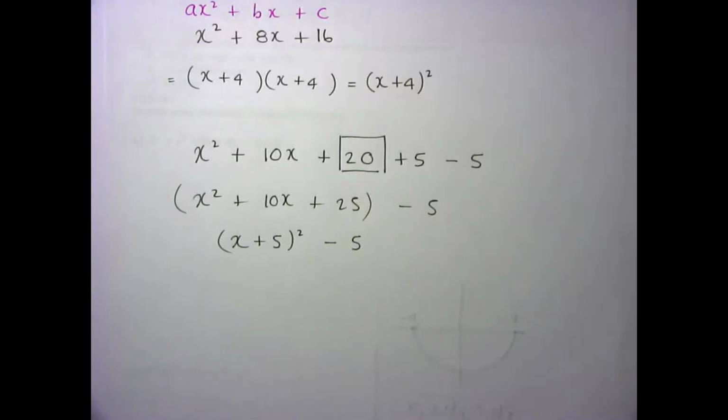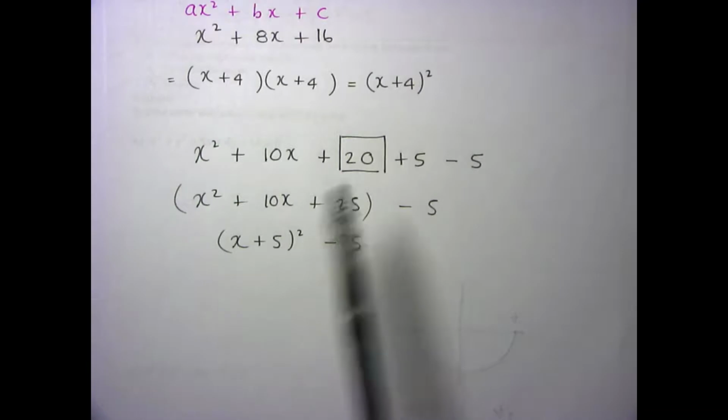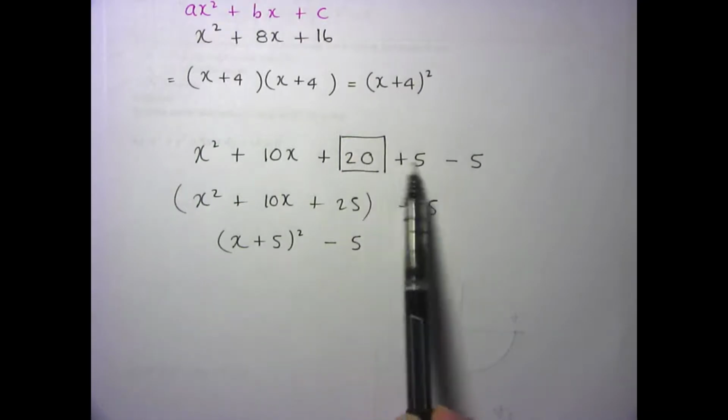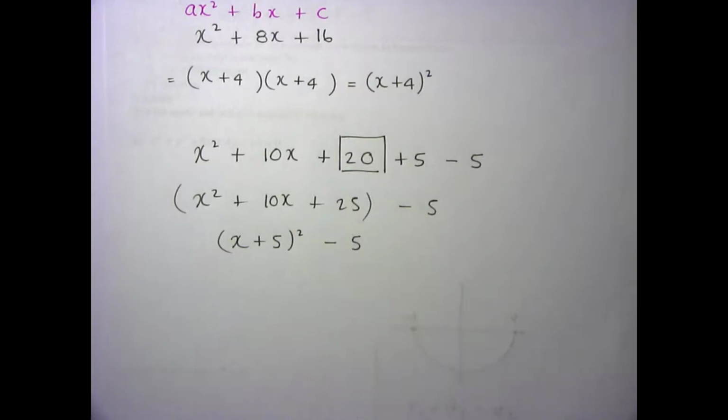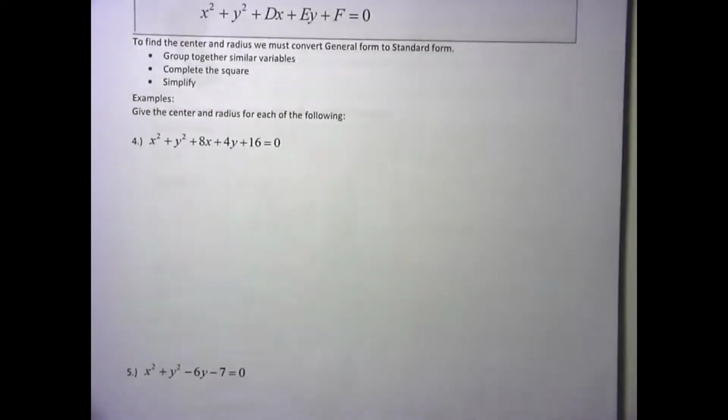For now, the idea I want to get across is that you can add a number and subtract it right off, or you can rewrite 20 as 25 minus 5. So we can restructure our expression so that we can get a perfect square out of it. All right, so back to that in just a little bit.